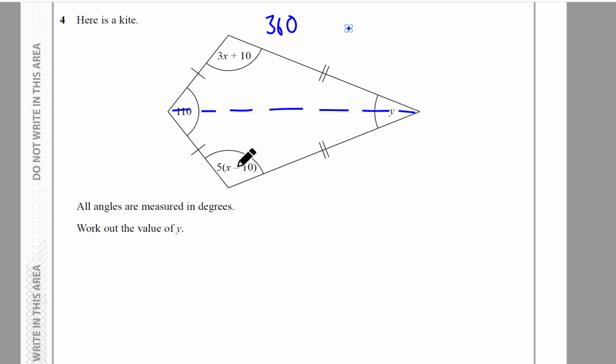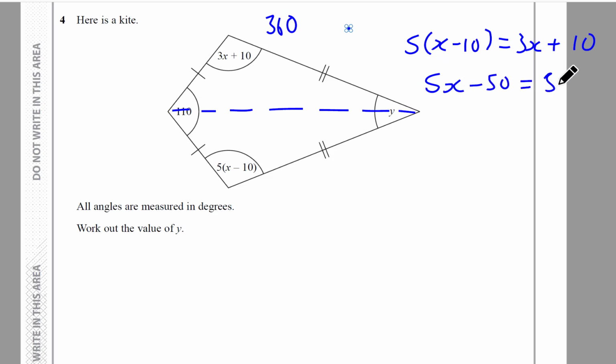So our first step is we need to spot that 5x, in the bracket, minus 10 is going to equal 3x plus 10. We need to find this missing information because we've got the 110. Find these two angles and subtract from 360 to find y. So that is 5x minus 50 equals 3x plus 10. Now we always minus the smallest amount of x from each side because it's just an easier method.